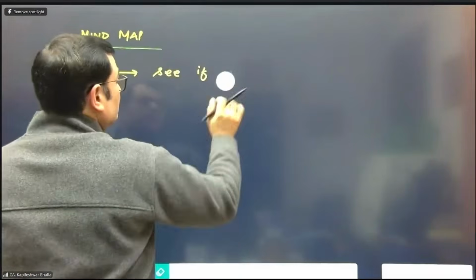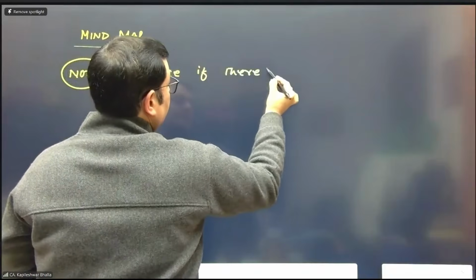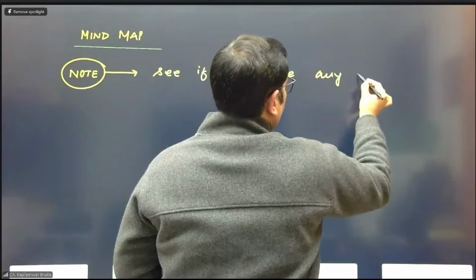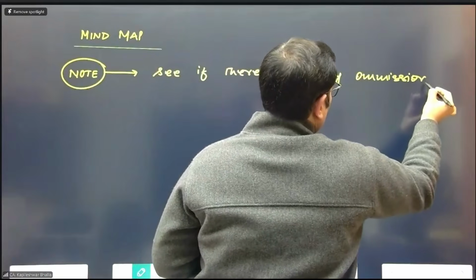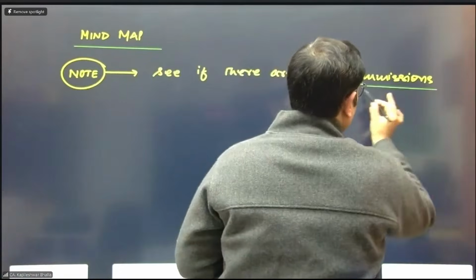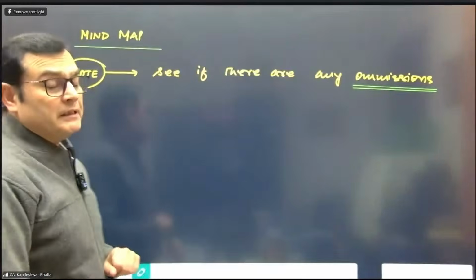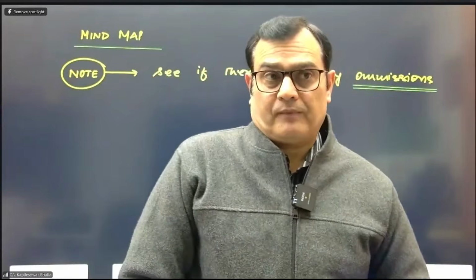So when you read the question, try to locate if there are any kind of omissions, and generally, I'm saying generally, the omissions would be pertaining to the concept of a purchase consideration.